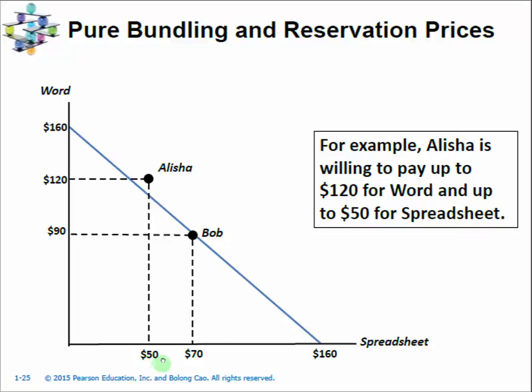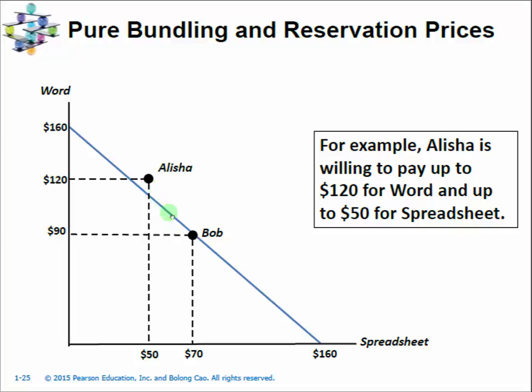The reason we set the spreadsheet price at $50 is because Alicia has a lower reservation price. And then for Alicia, she's exactly paying her reservation price on the spreadsheet, but she has a higher reservation price than the $90. The $120 reservation price leaves $30 in consumer surplus for Alicia to be exploited.